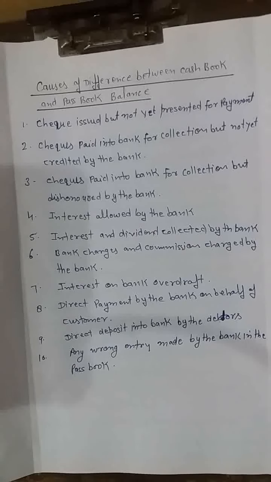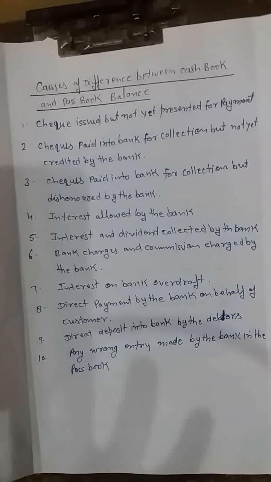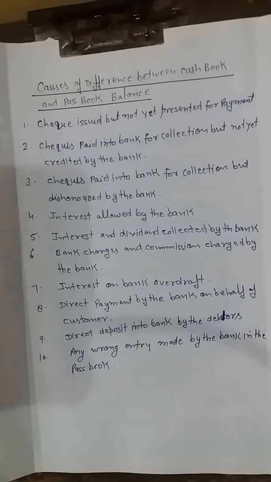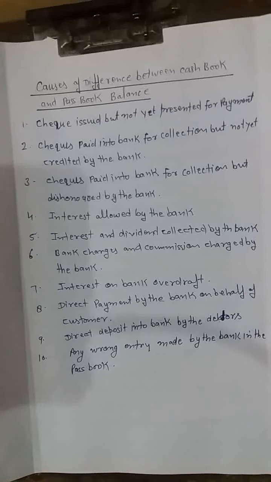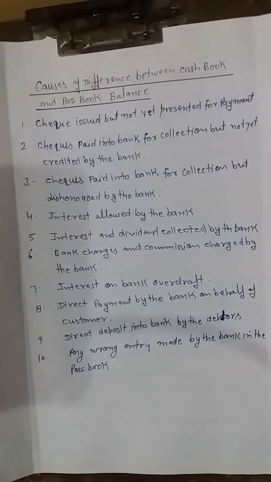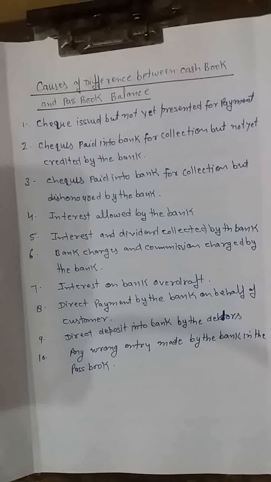Number 4, interest allowed by the bank. When the bank allows interest to a customer for deposits, it will credit the customer account and his bank balance in the passbook or statement will increase, but the customer does not make the entry in his cash book.